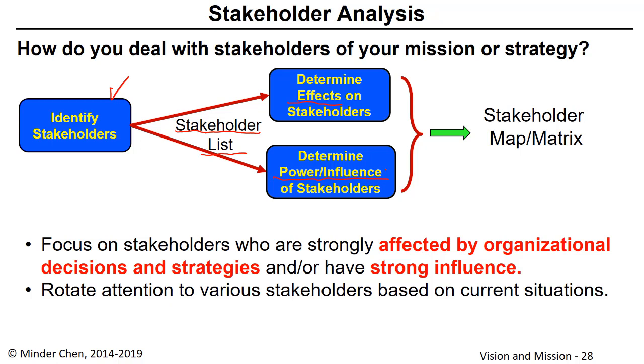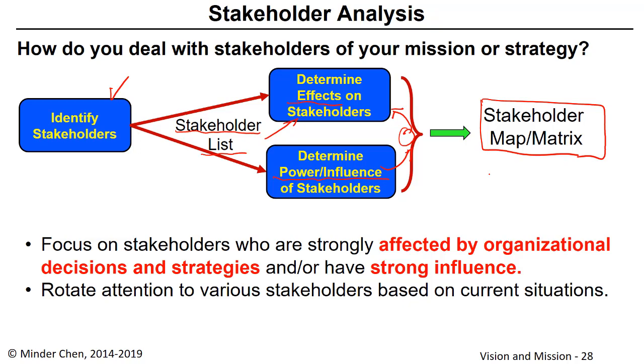So one is how we may affect the stakeholder regarding our decision and strategy, and the other is how much influence they have upon us, such that it will influence our decision-making and strategic formulation process. And once we have the information, we can develop the so-called stakeholder map or matrix.